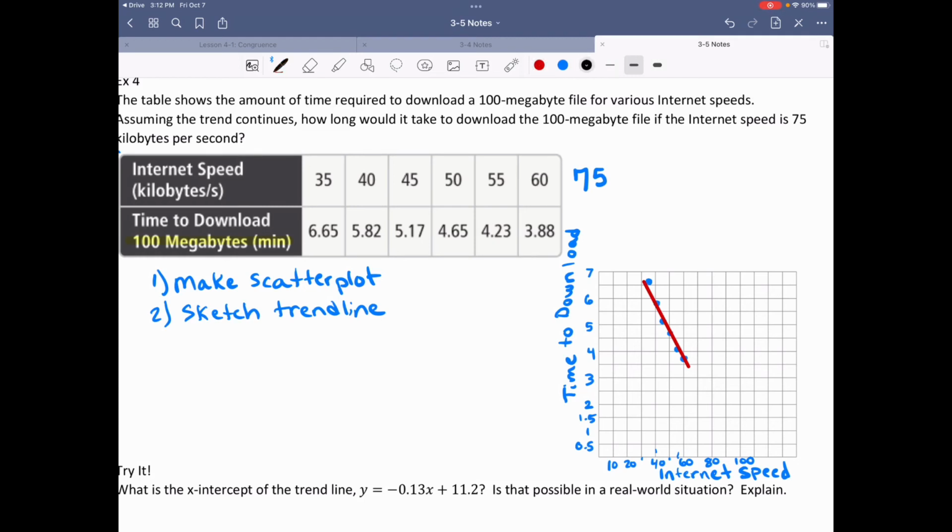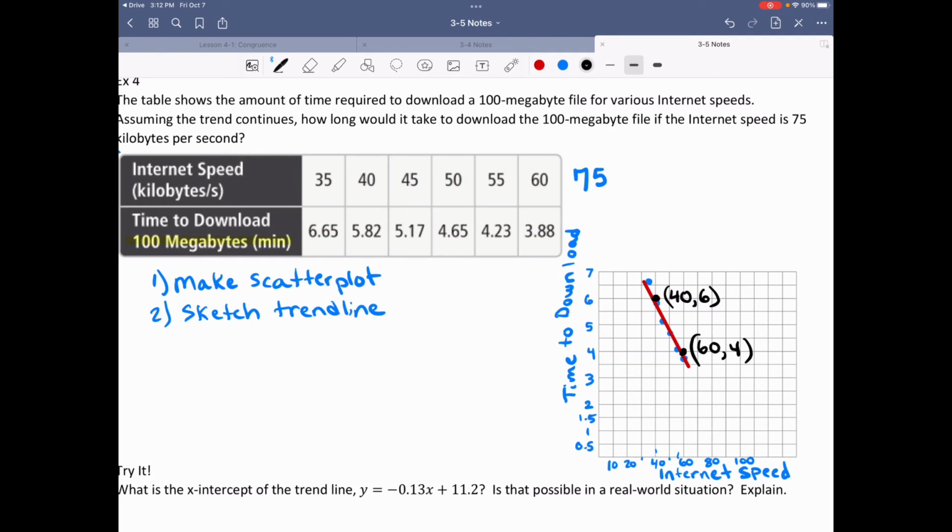I'm going to use points on the line. So I'm going to pick this point because it's a nice point, and I'm going to pick this point, so sort of on a corner. And I'm going to pretend that they are on corners. And we have 40, 6, and we have 60, 4. Those are fun numbers.